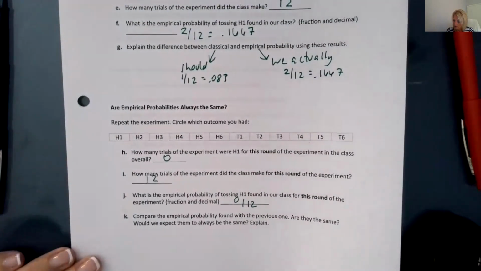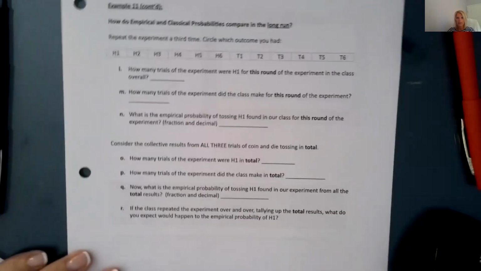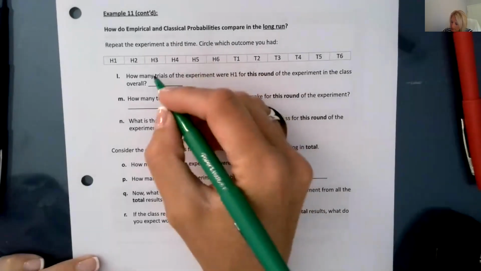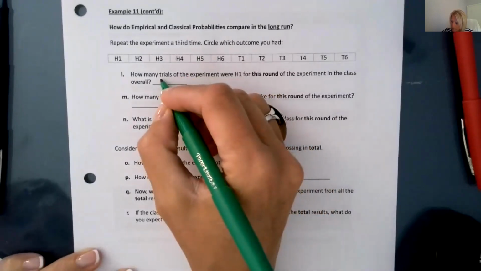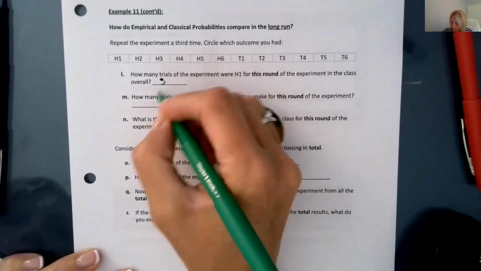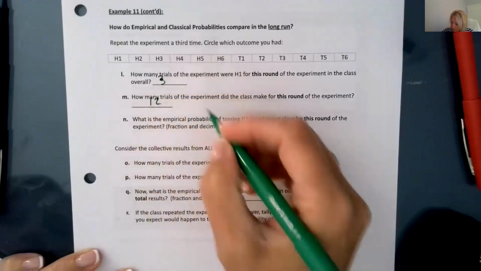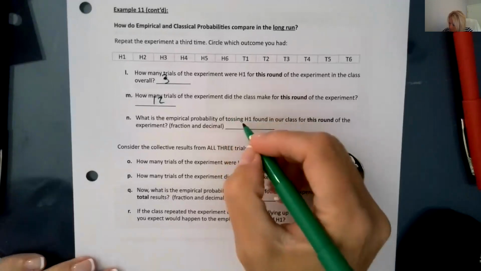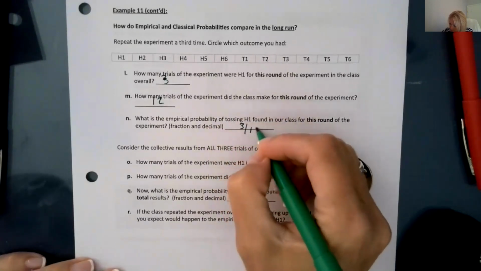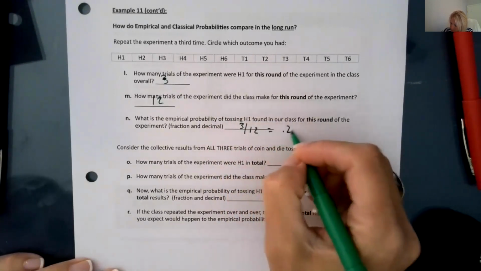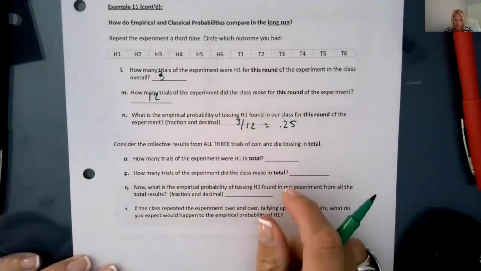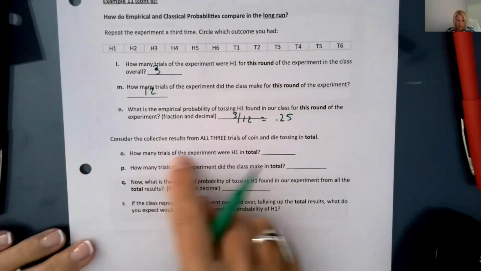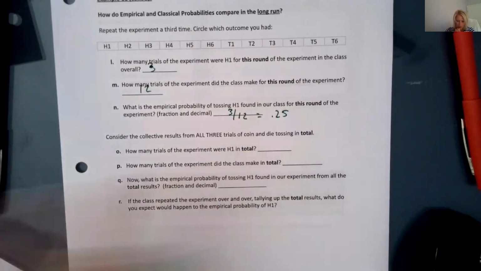Now I'm going to pretend that we did this again, and this time out of the 12 we had 3 out of the 12. So 3 out of the 12 would be 25%, right? 0.25.